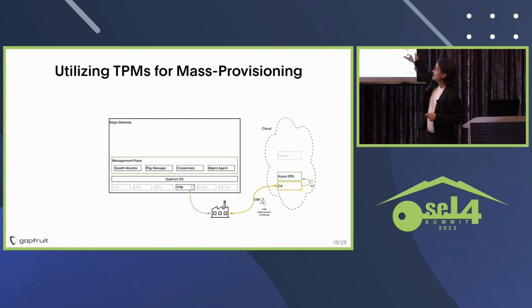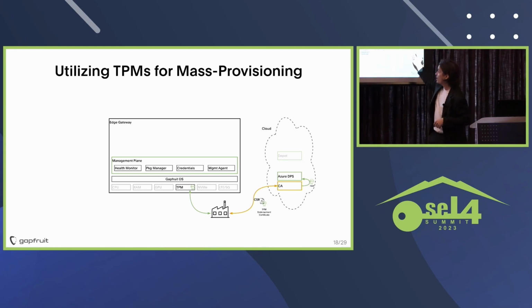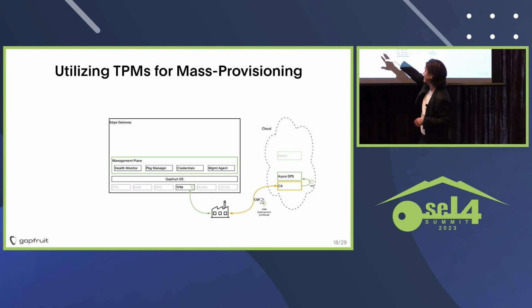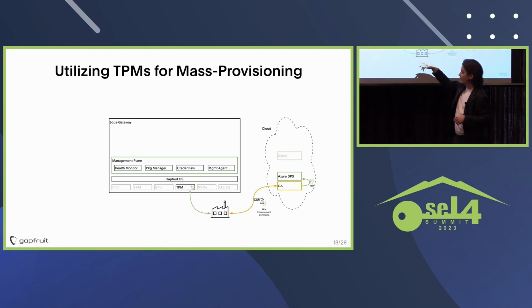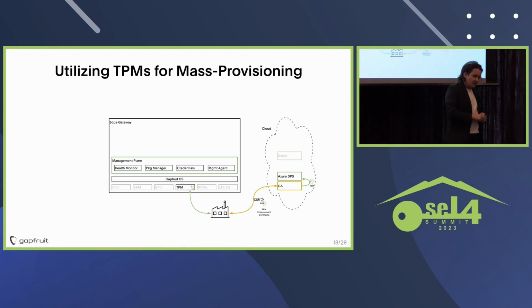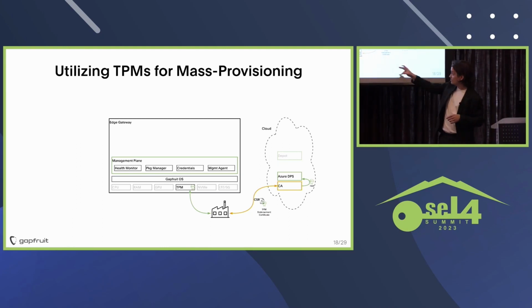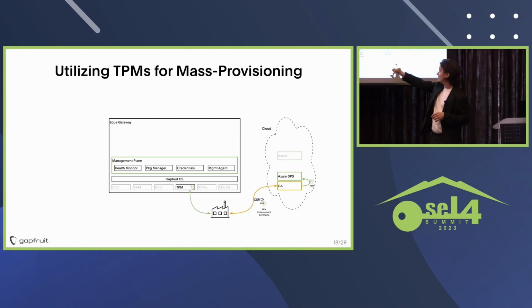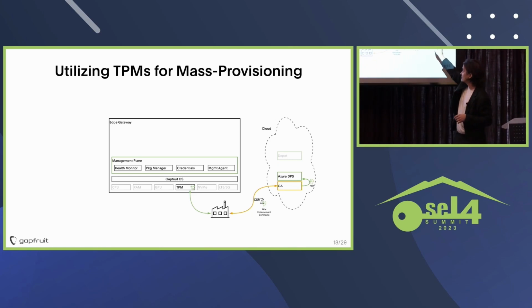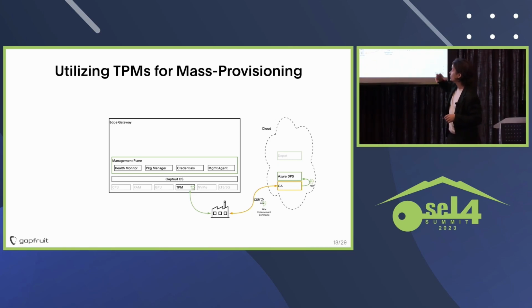So any device that connects to Azure DPS with an intermediate certificate is granted access. On the gateway side, we create a private-public key pair in the TPM, and we issue a certificate signing request to the CA, and we prove to the CA that this key is generated on the TPM and is not exportable.